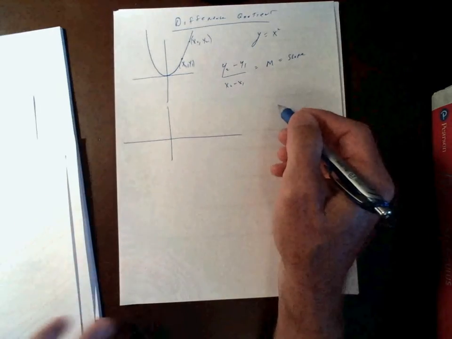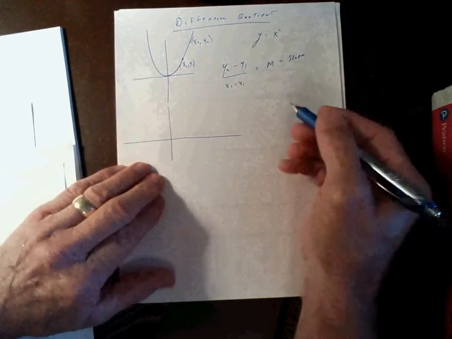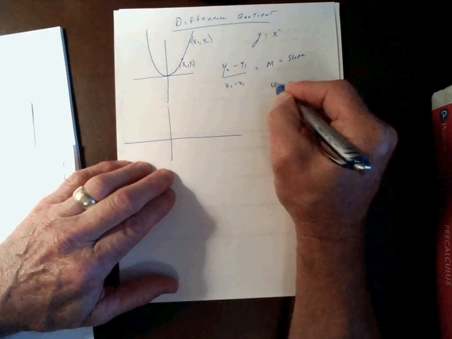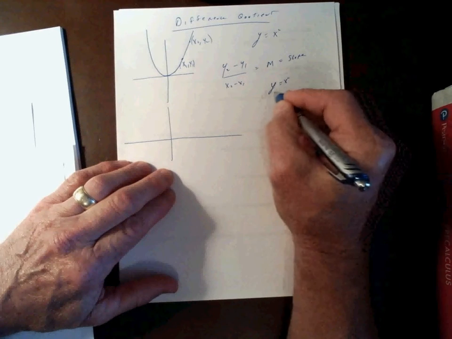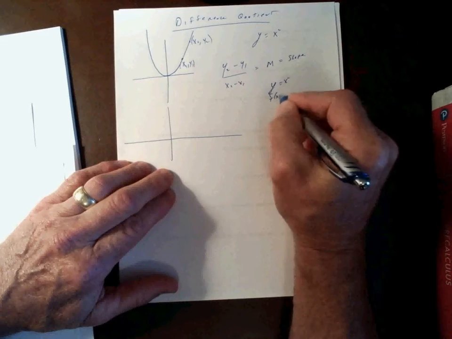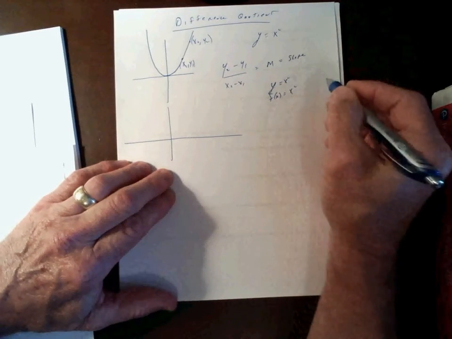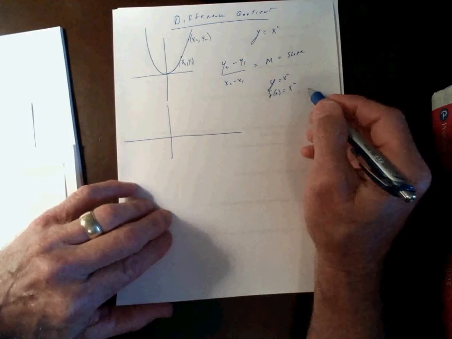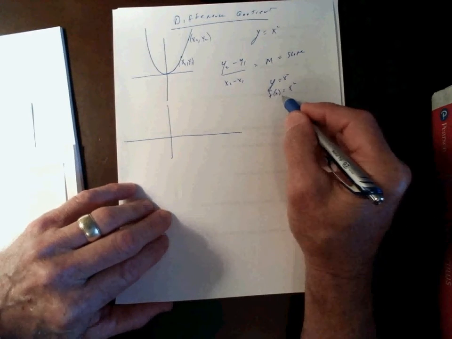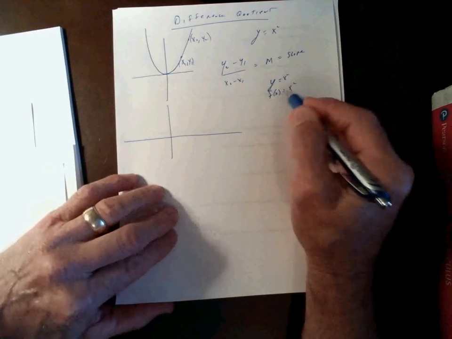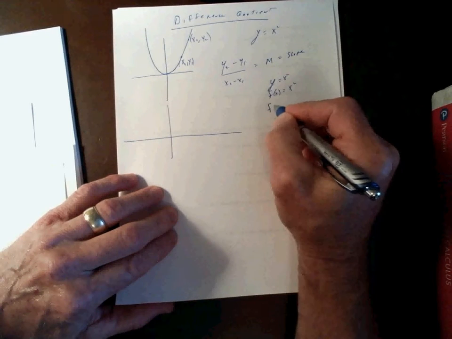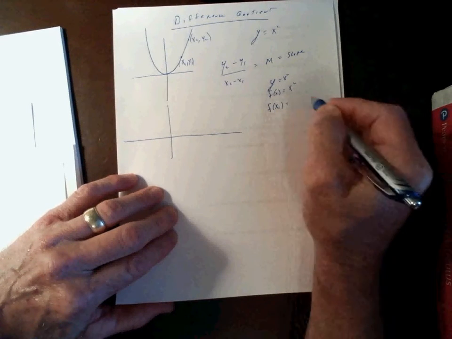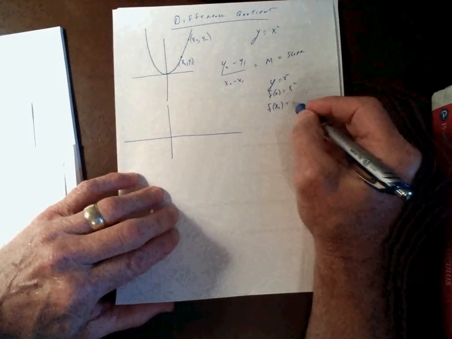So I think most of you know that if I had y is equal to x squared, it would be proper for me to say f of x is equal to x squared. That's called my functional notation associated with the function itself. So if I want to do f at x1, it would give me a y value.